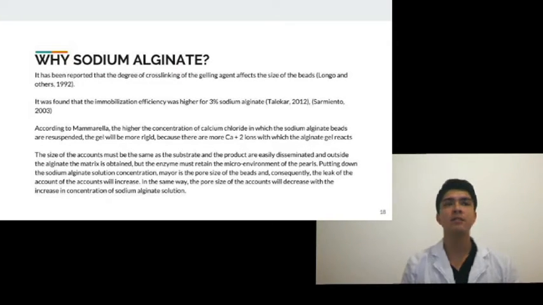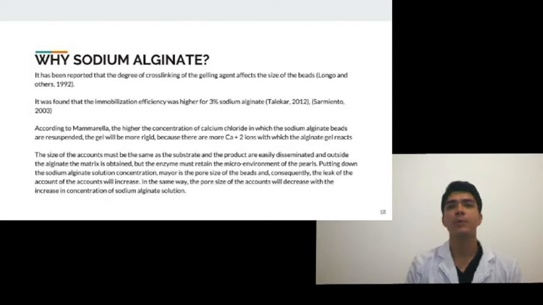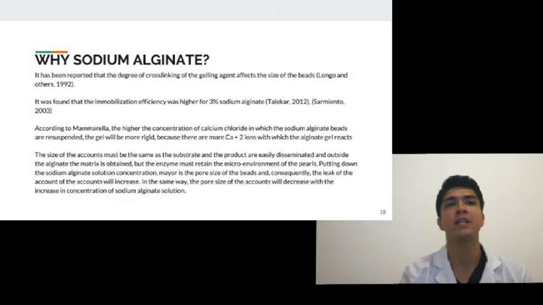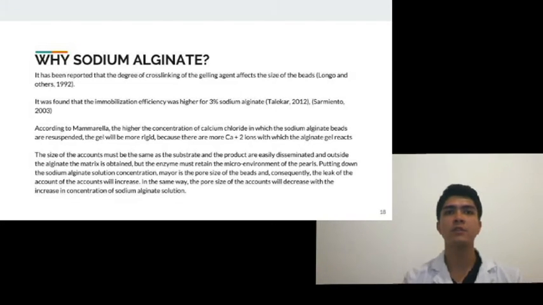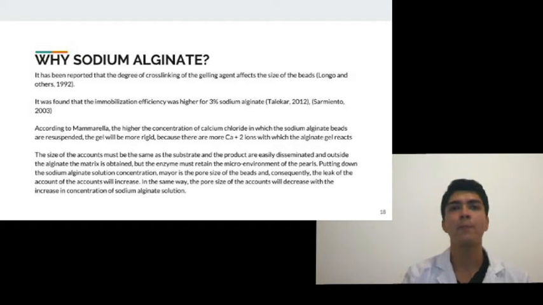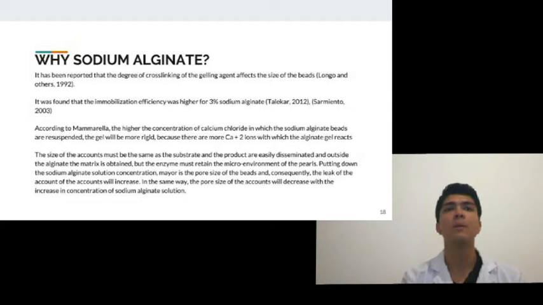The size of the pores must be such that the substrate and the product are easily diffused to the outside. The alginate matrix is obtained, but the enzyme must retain the microenvironment of the beads. The lower the sodium alginate solution concentration, the larger the pore size of the beads, and consequently the leakage increases with the decrease in concentration of sodium alginate solution.